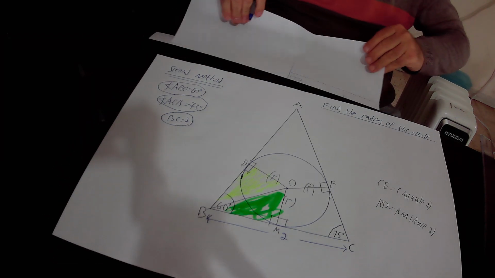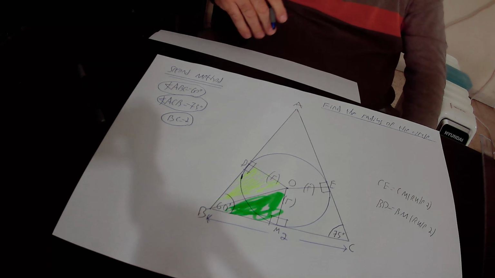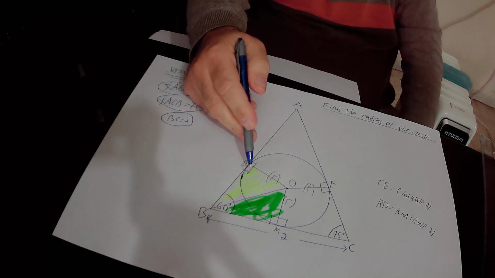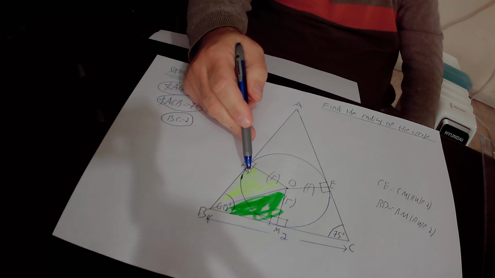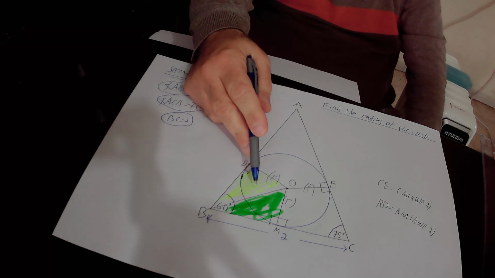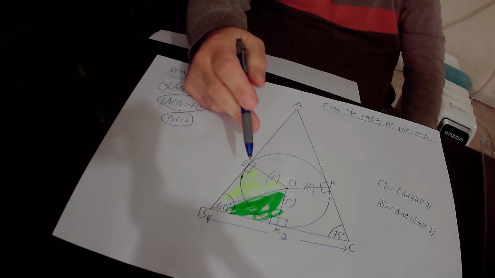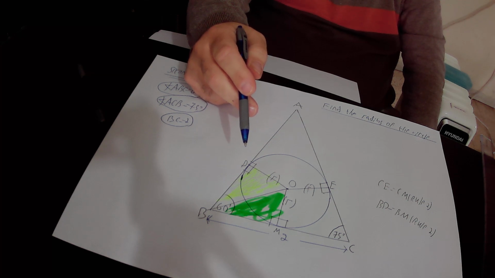So we actually prove that all the three sides of the green right triangle DBO are correspondingly equal to all the three sides of the green triangle BOM.